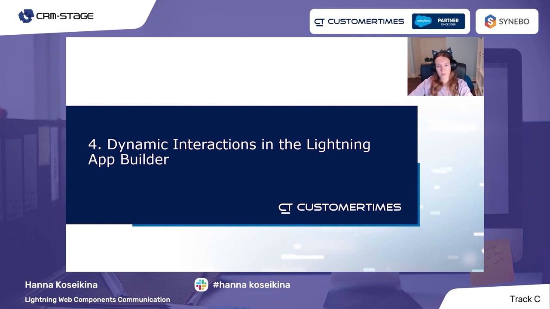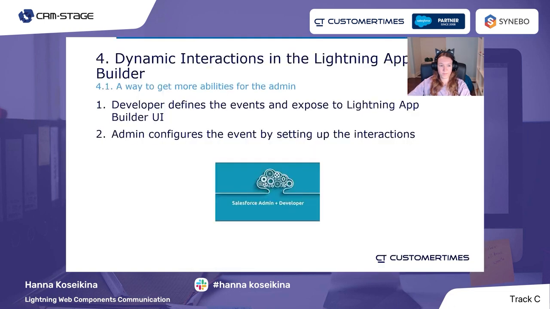And the new thing which was presented not so long ago is dynamic interactions in the Lightning App Builder. What is that? It's a possibility of giving more abilities to the admin, so that some things which are usually done by developers can be done by admins.